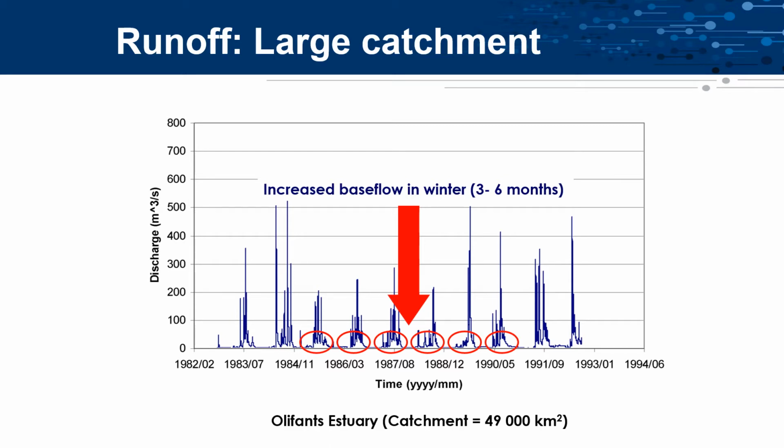And what you can see is that every winter, the base flow in the system lifts from an extremely low flow scenario, where we can barely see the inflow, of about 3 to 5 cubic meters per second, to, for argument's sake, 20 cubic meters per second for 3 to 6 months of the year, which means that the salinity profile is consistently pushed back in winter for 3 to 6 months.